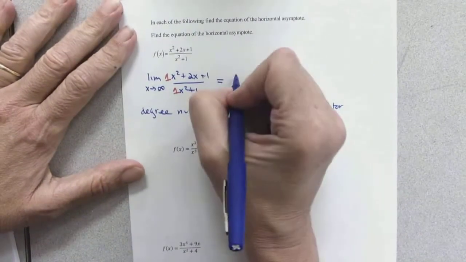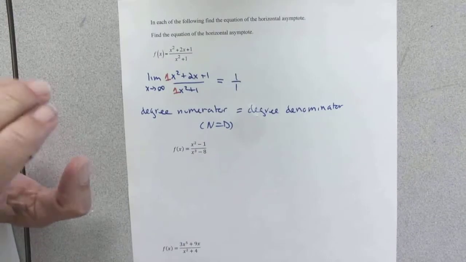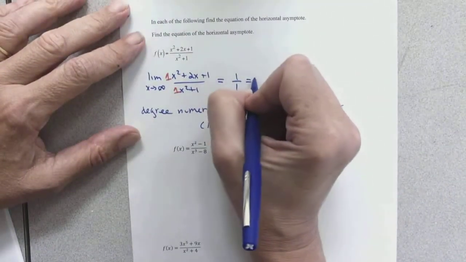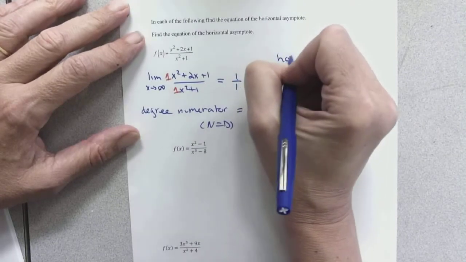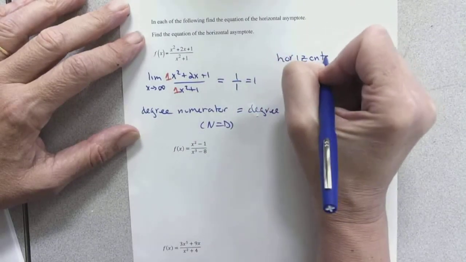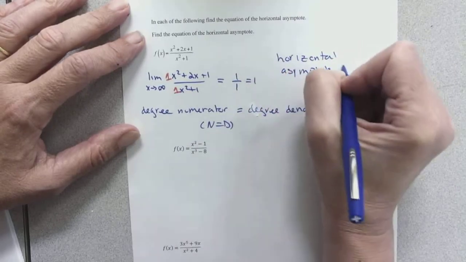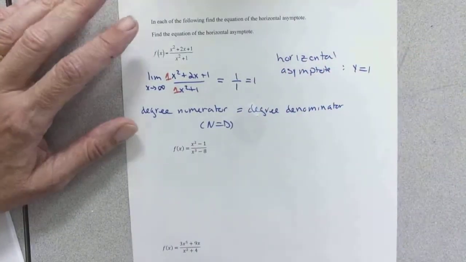When my degrees were equal, the answer was just the ratio of the lead coefficients. So in this case, 1 over 1, or y equals 1. And so my horizontal asymptote is y equals 1.